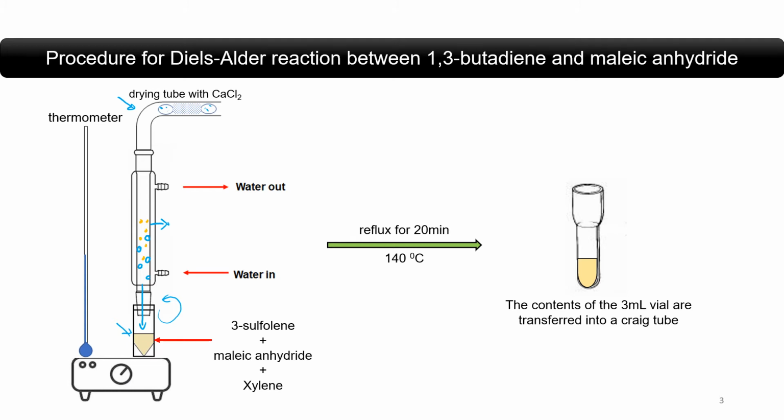That's why I added that, so you guys don't get confused. And we're going to set up a thermometer on the side to observe whether we are achieving this high temperature that is required for this reaction to occur.